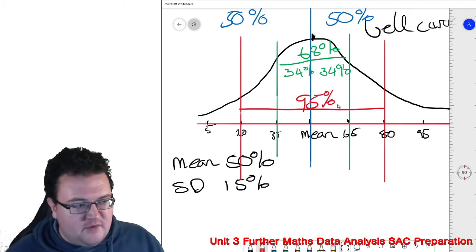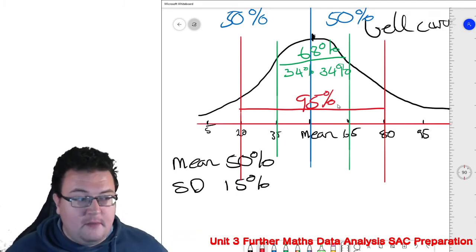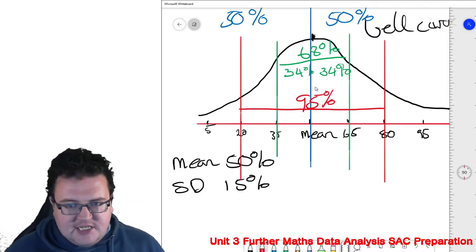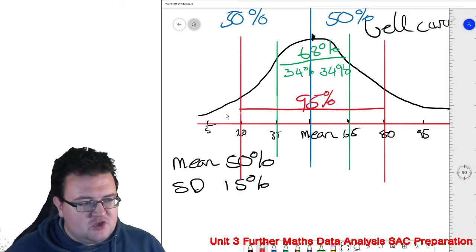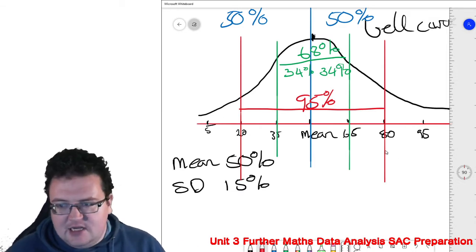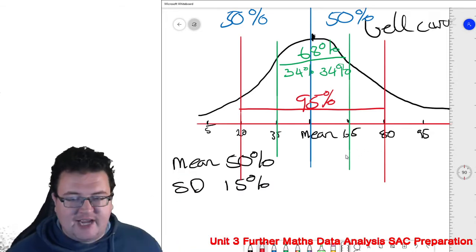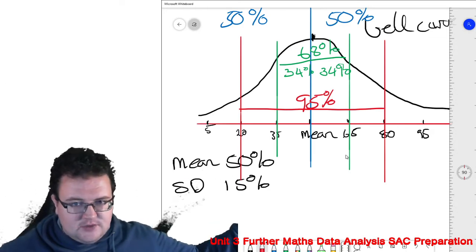All right, 95% of you. That means only a few percent of you should get much worse or much higher than that. If 95% of my data is between 20 and 80, then the other 5% should be outside of those two lines.